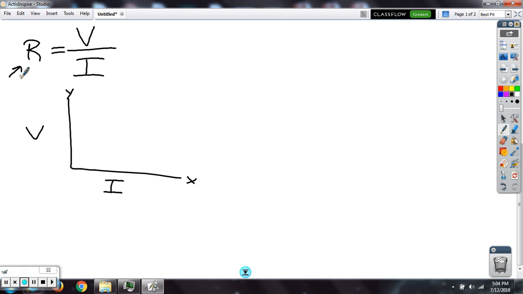It's a constant. So I want to rearrange this equation into a form that gets V on one side and I on the other. Alright, so I'm going to multiply both sides by I, and then I'm just going to flip them around.